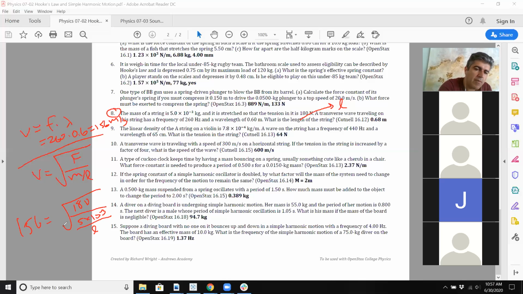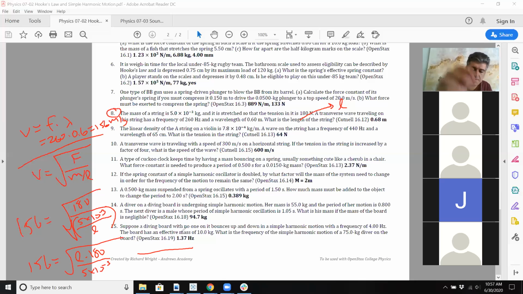So you have to be very, very careful with your algebra here. You got to flip that second fraction, which I put in parentheses. 156 equals the square root of L times 180 over 5 times 10 to negative 3.